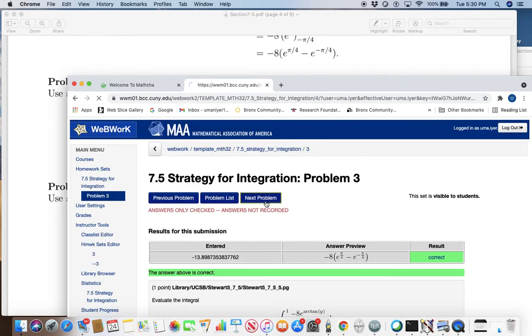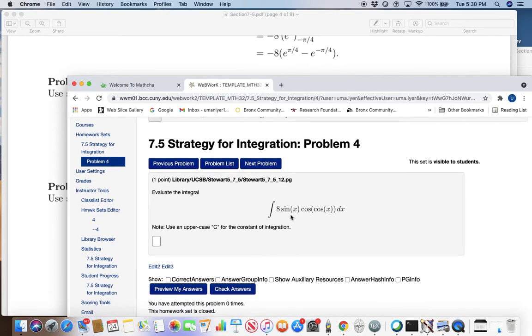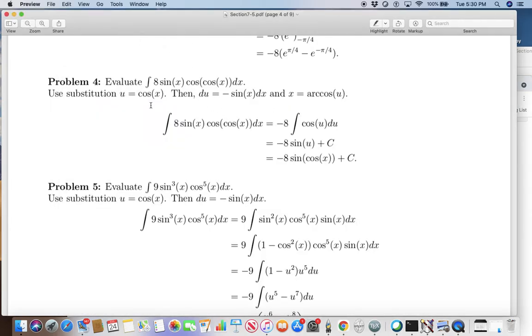Good. Next problem. Integral of 8 sine of cosine x dx, times sine x. That tells me that cosine x should be u. So du would be negative sine x dx. Sine x dx with the negative is du, and u itself is the inner cosine, so we have sine of u du.